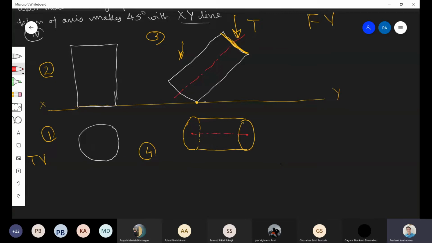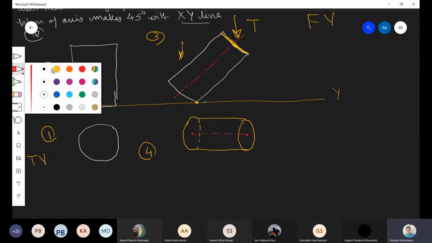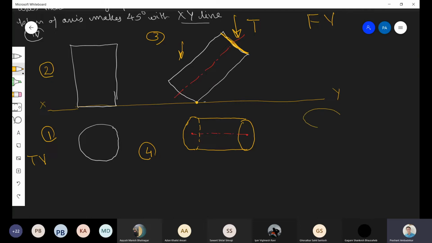Now this is not difficult to understand, but this is difficult to draw. I will not say difficult, but it is time consuming. It will take more time to draw. Now see, same thing you will do here. You will draw this, then this, and here, and this dotted line, correct?